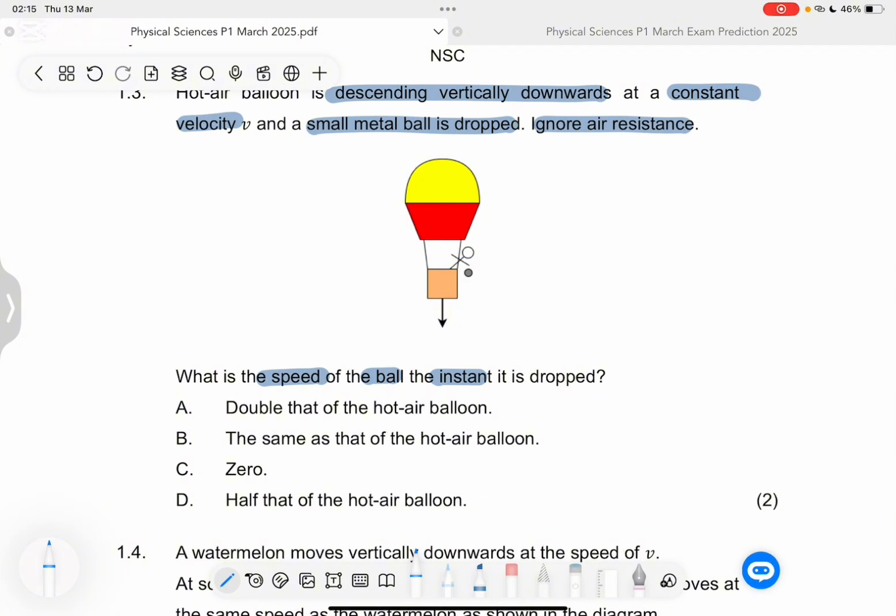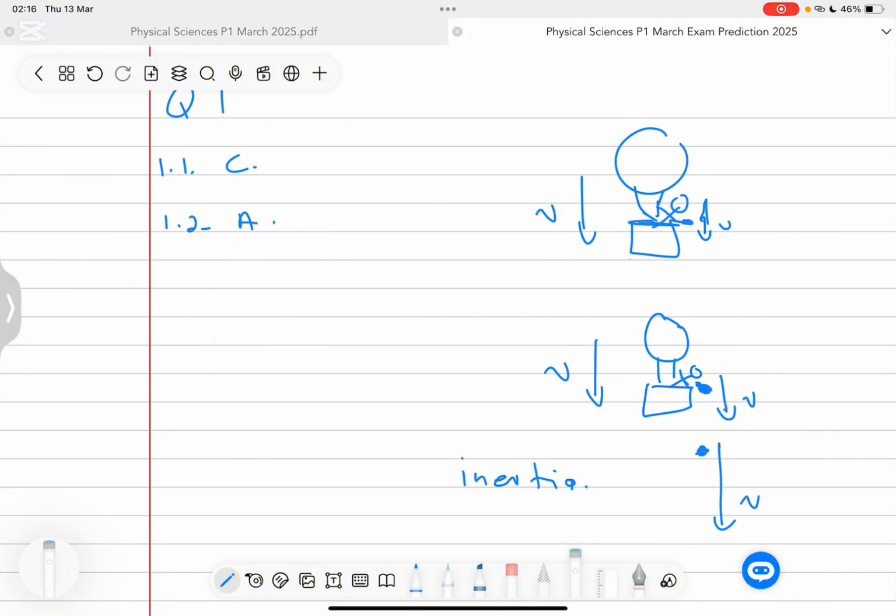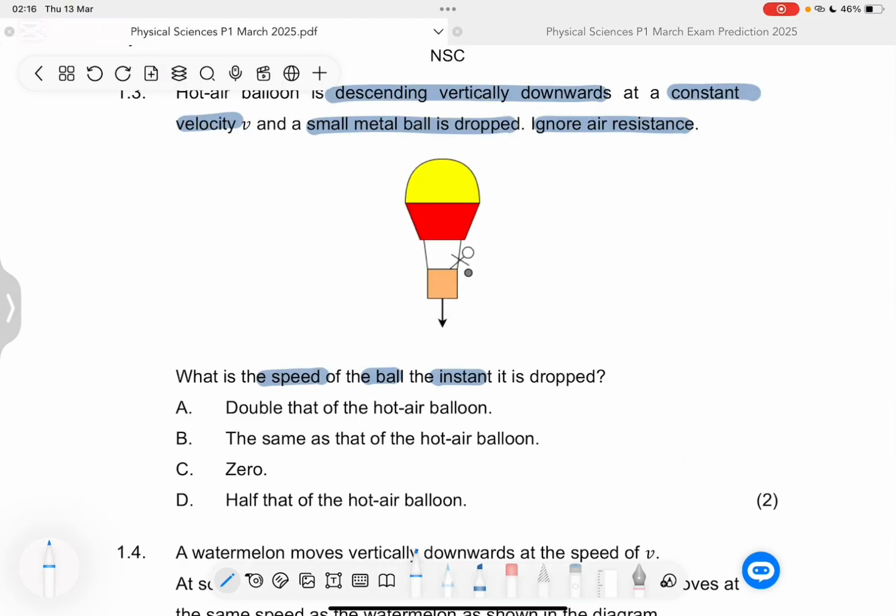Now, when we look at our options, they say double that of the hot air balloon. No, that cannot be true. The same as the hot air balloon. I mean, that's exactly what we said. So in question 1.3, our answer will actually be the letter B. It cannot be 0.